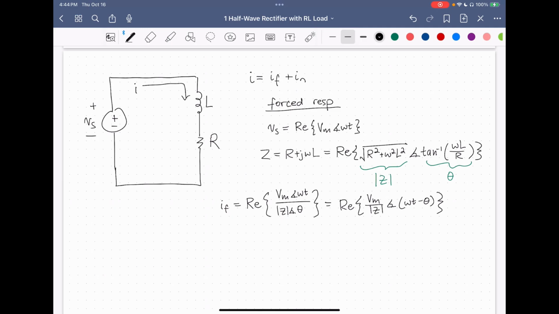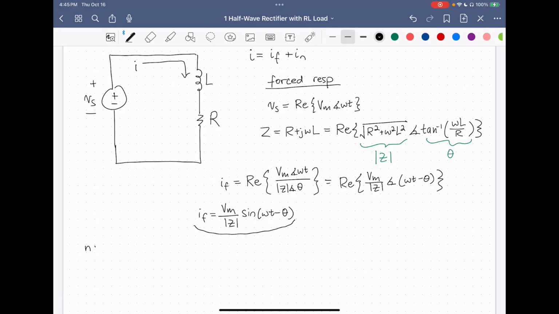So this means IF is the real part of this, so we're going to get the sinusoid of omega t minus theta. So it's equal to Vm over magnitude of Z sine omega t minus theta. So now we have one part of our answer to the current, which is the forced response expressed here.